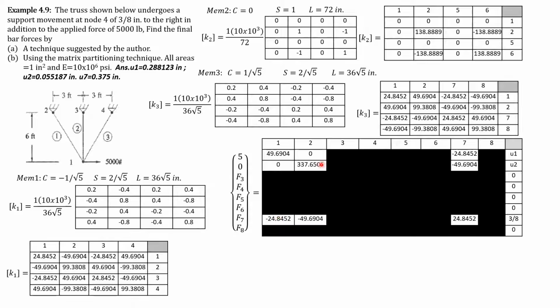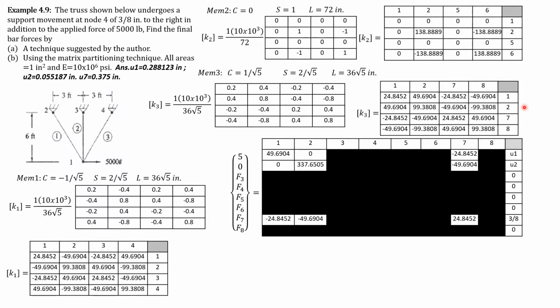Then let's proceed to 2, 2. For 2, 2, we have 99.3808 plus 138.8889 plus 99.3808. So adding them, we have 337.6505. This is 2, 7. There's none here.